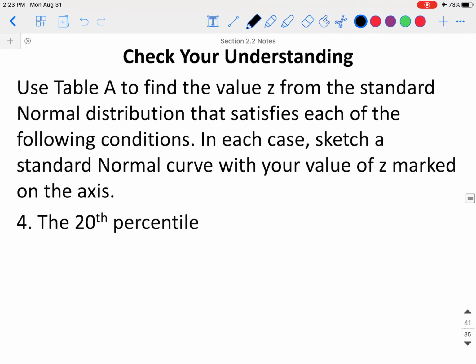If we need to find the 20th percentile, the 20th percentile is talking about the area. So I have an area of 20% that goes to the left. So we are given the area of 20%. You're going to look at your table, find an area that is as close to 20% as you can.